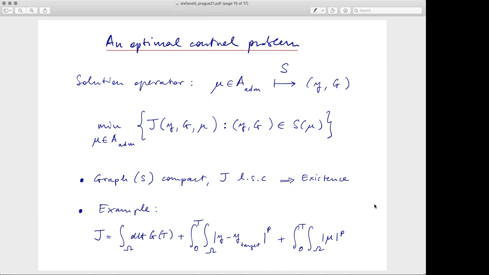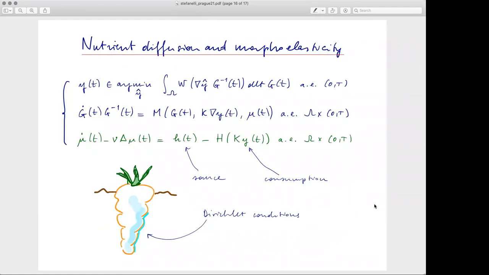But then let's go to another and final evolution of the problem, which is the nutrient diffusion and morphoelasticity combined. You can also think of a concentration mu, which evolves in time, and whose dynamic is also influenced by the rest of the problem. So here mu is not given anymore, so mu is part of the problem.